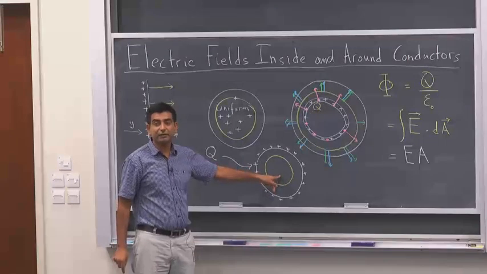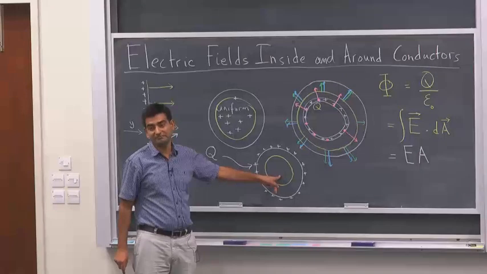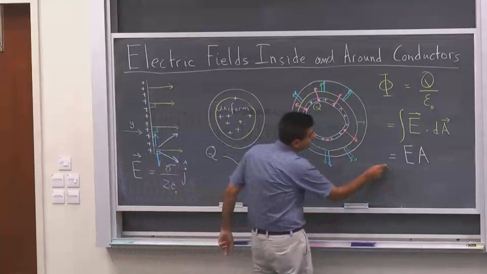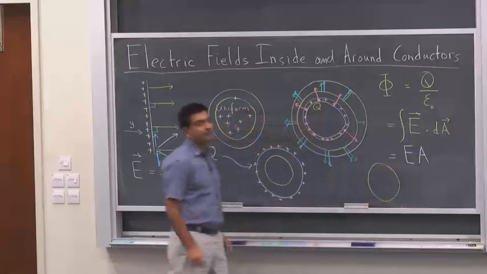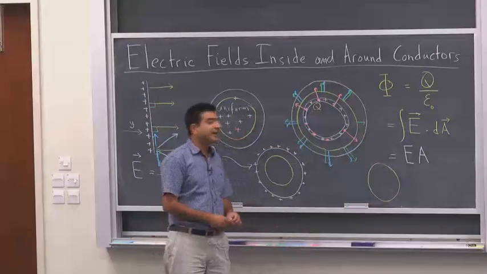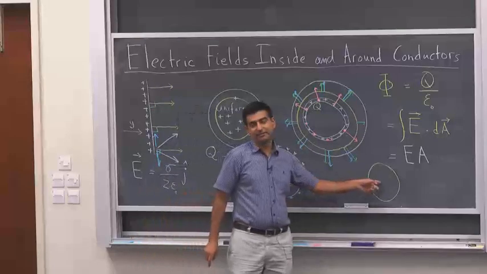The flux is zero, and in this particular case, the electric field is also zero. Remember that if I draw a Gaussian surface and the flux through this surface is zero, the only point that I can make is that the charge inside is zero.